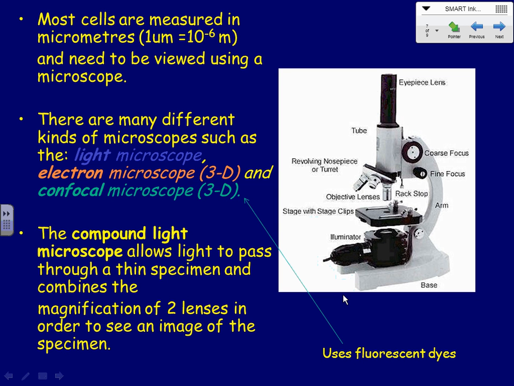And once you've got your specimen in there, you put your specimen here on the, I think it's called a stage. Yeah, stage with stage clips, and you allow the glass slide to slide under the stage clips, and that kind of holds that glass slide in place.